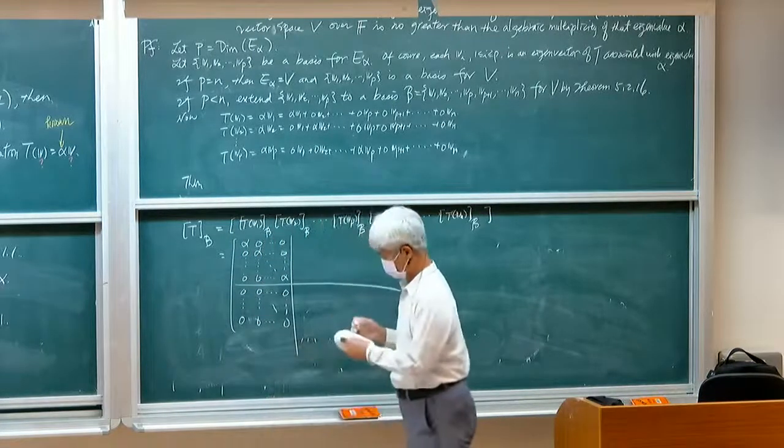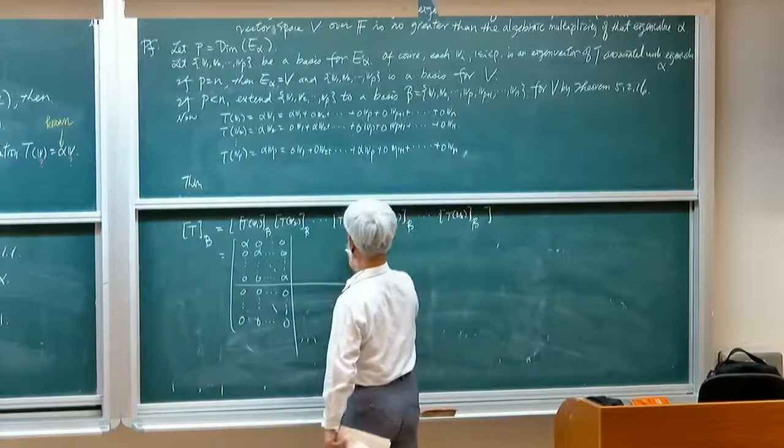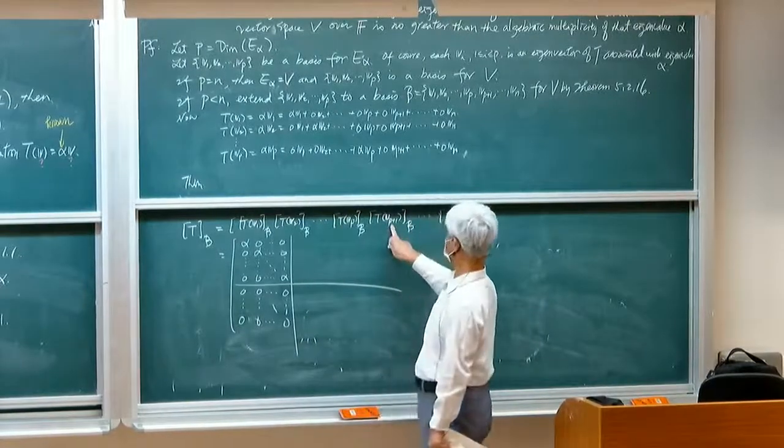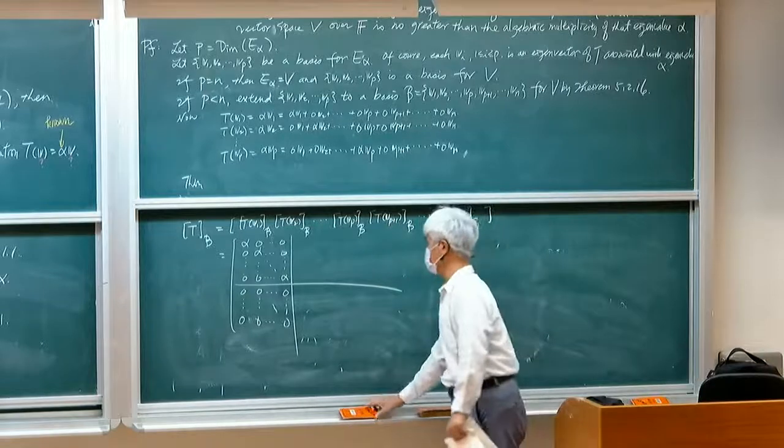But for the rest, from Vp plus 1 onward, the columns can be arbitrary.